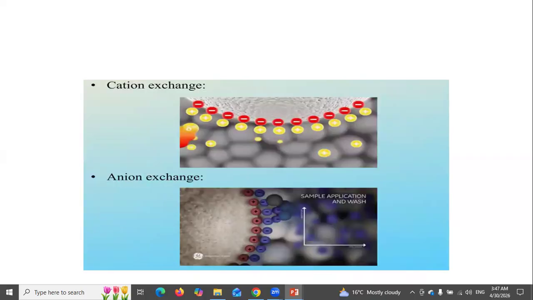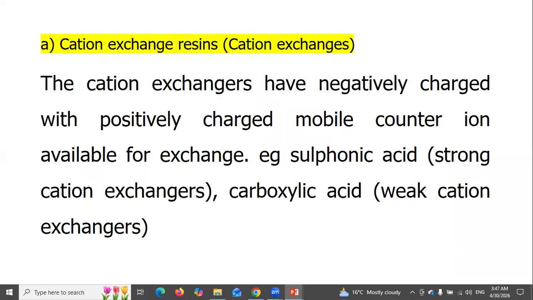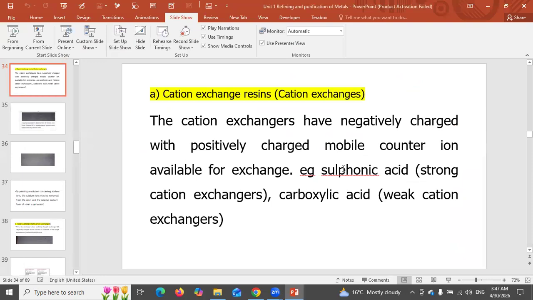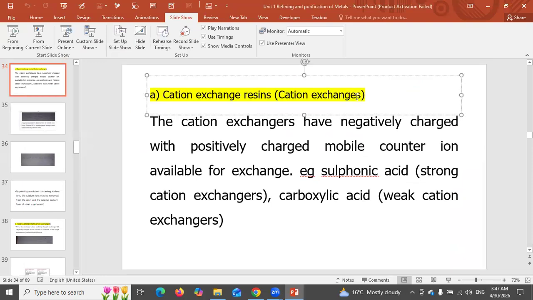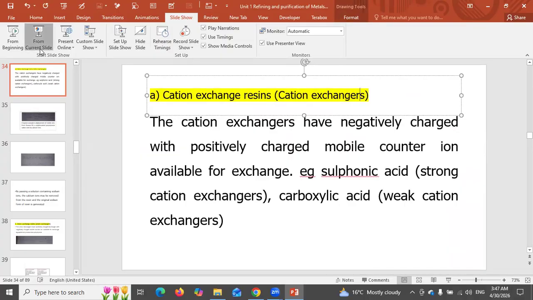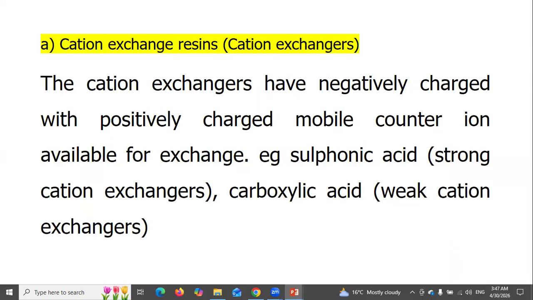Cation exchange reagent, anion exchange reagent. Cation exchangers: the cation exchangers have negatively charged sites with positively charged mobile counter ions available for exchange.